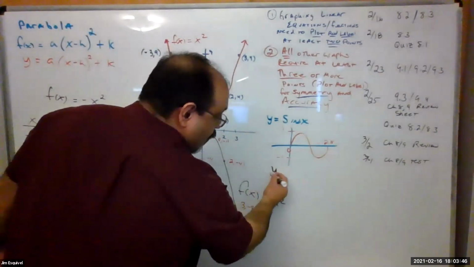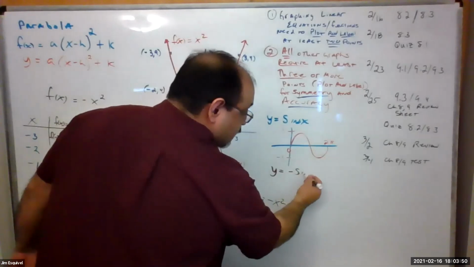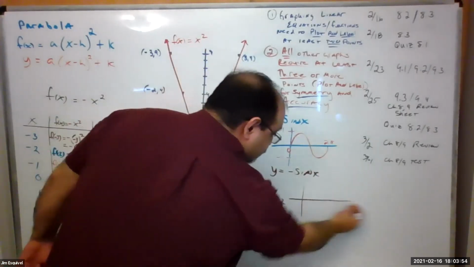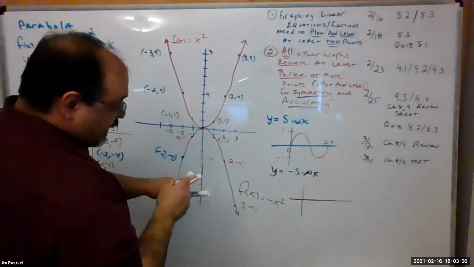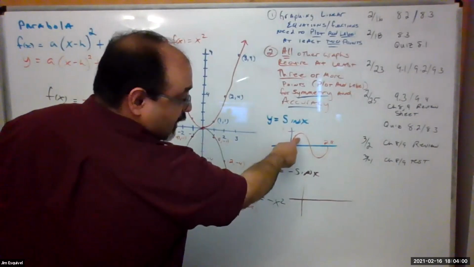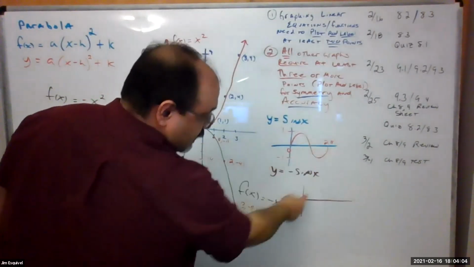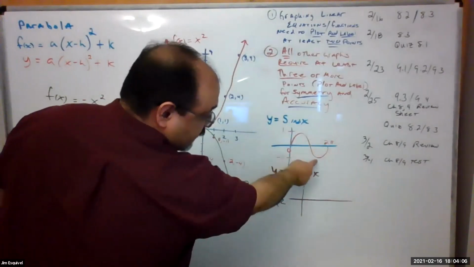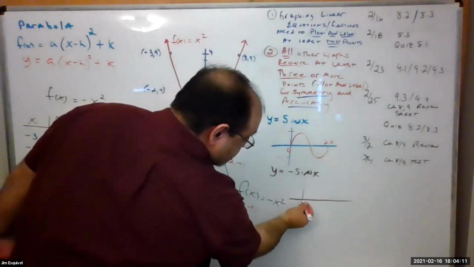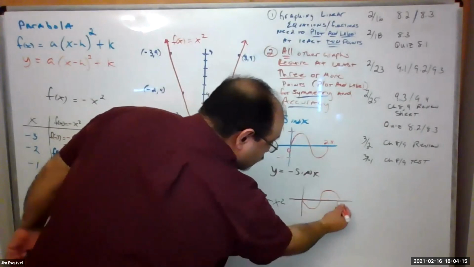But when you graph y equals negative sine x, if I put a negative in front, then all of these y values that are positive are going to flip down, and all of these negatives have a negative in front, and a negative times a negative, they're going to flip up. So it's going to look like this, from 0 to 2 pi.